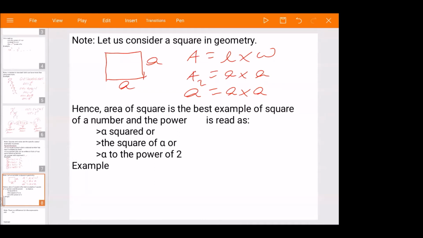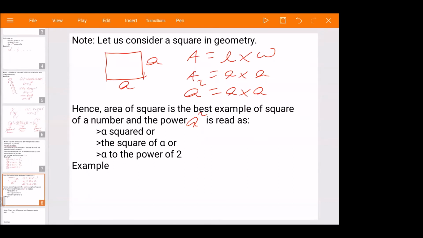For this case, remember, a square is a specific case of a power. We said this before. This power expression can be read in 3 different ways. We can say A squared, or we can say the square of A, or we can say A to the power of 2.